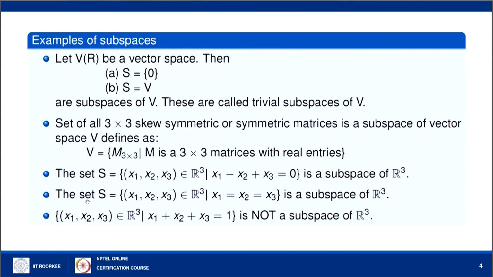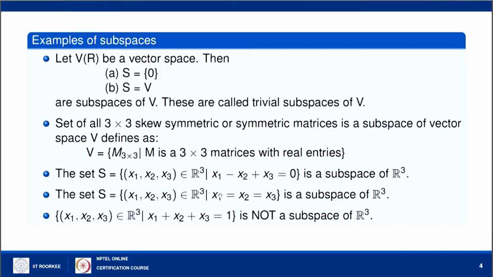In the same way, the set S of (x1, x2, x3) belonging to R3, where x1 equals x2 equals x3, is also a subspace of R3. So, what kind of vectors will we have in this subspace? Where all the three components are equal: (alpha, alpha, alpha), where alpha is a real number.